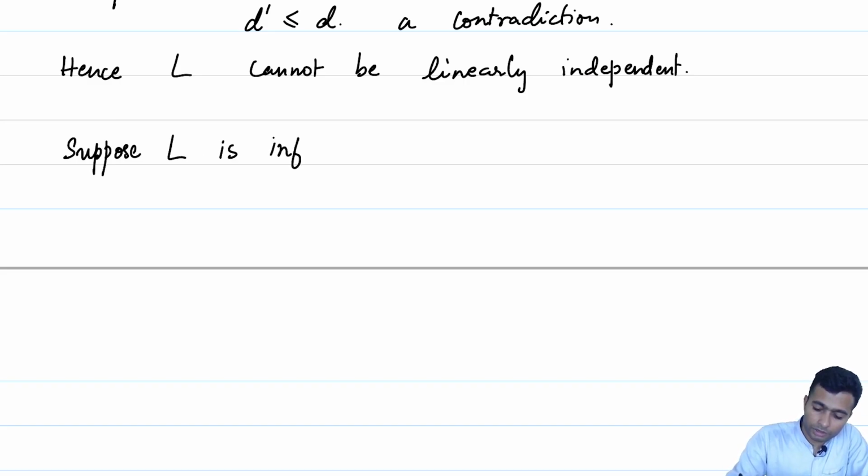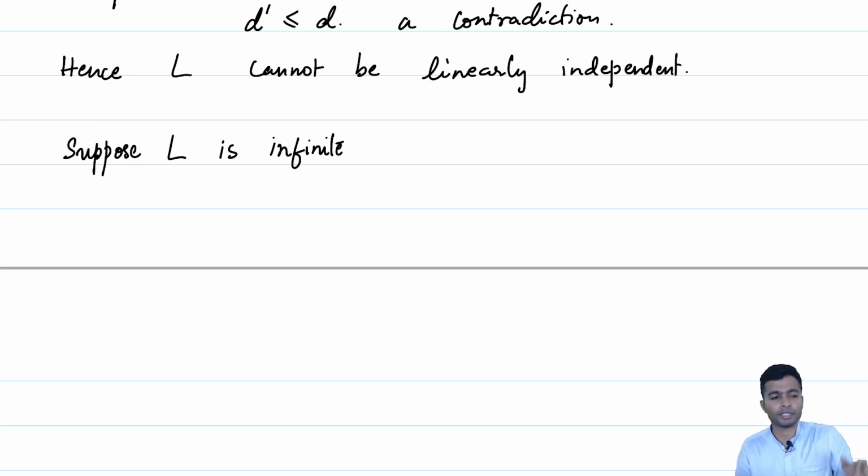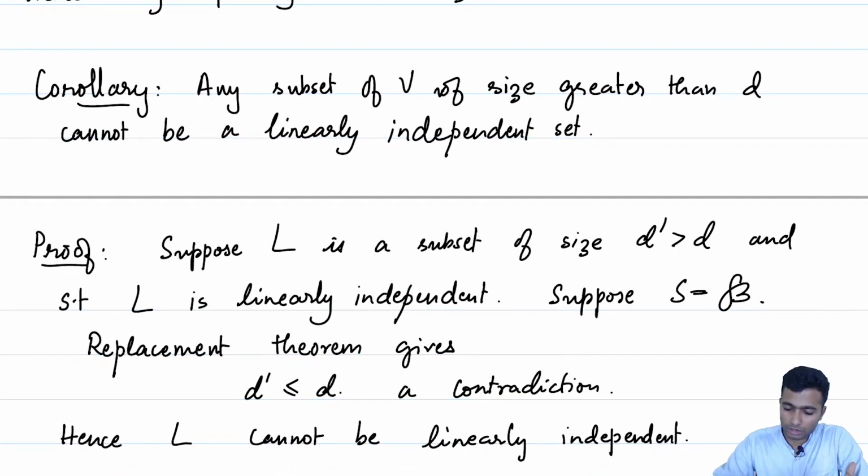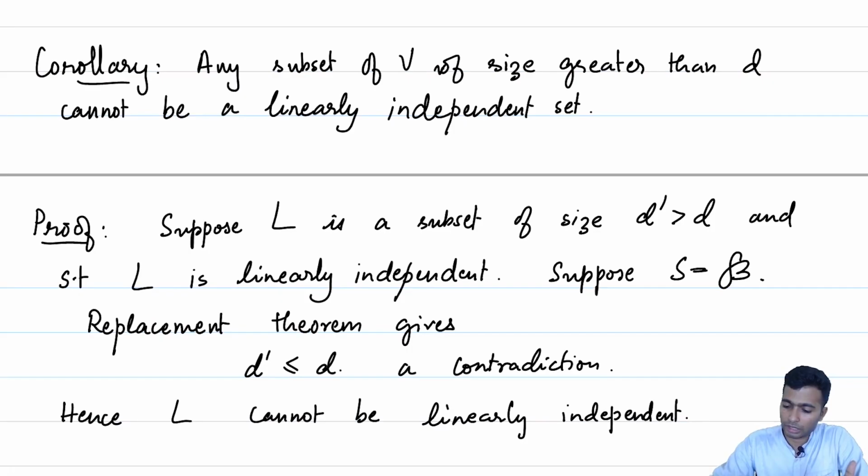If you notice, the replacement theorem has in its assumption that the size of the linearly independent set is finite and the size of the spanning set is finite, and then we conclude that the size of a linearly independent set is less than or equal to the size of the spanning set. But it was not said in the statement of the corollary that it is finite. It's just saying size greater, so it could have been an infinite set.